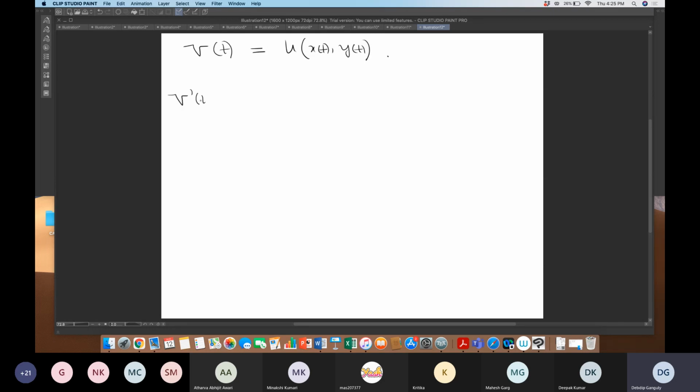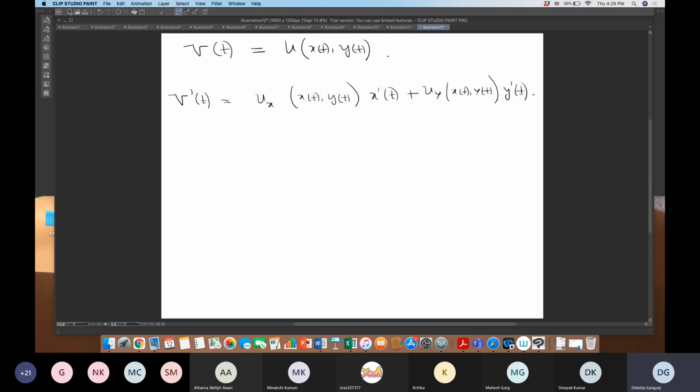So v prime of t is u_x at the point (x(t), y(t)) times x prime t plus u_y at the point (x(t), y(t)) times y prime t.